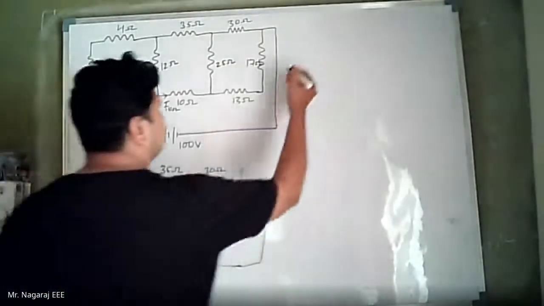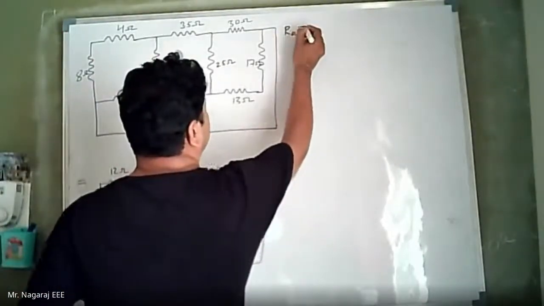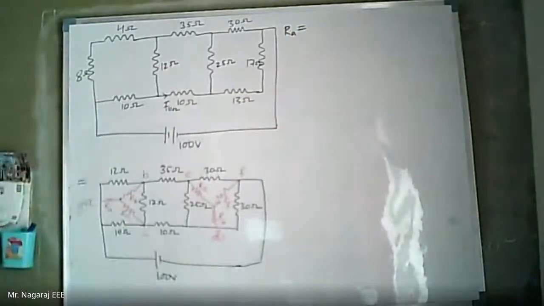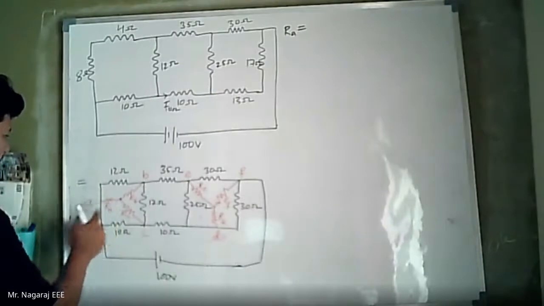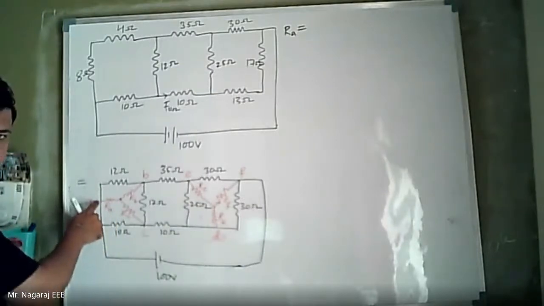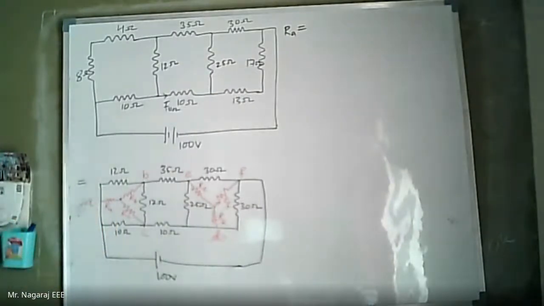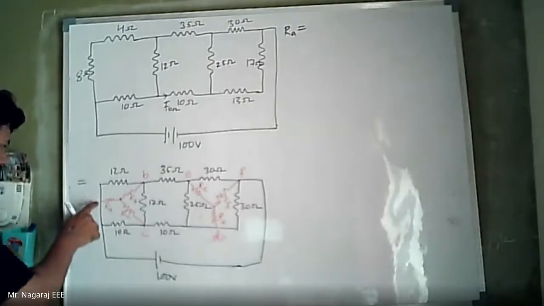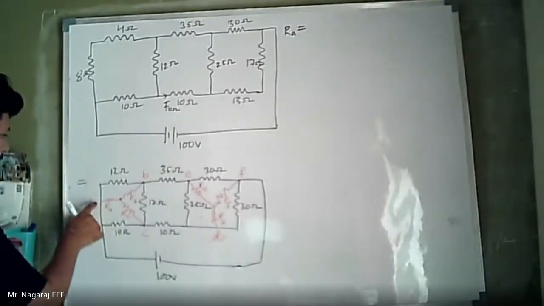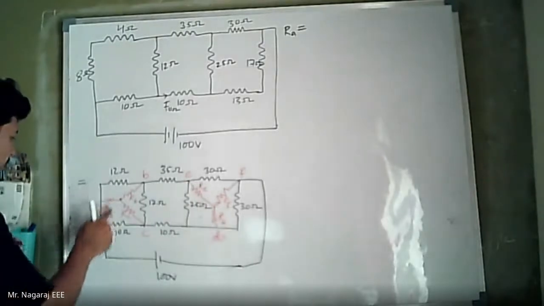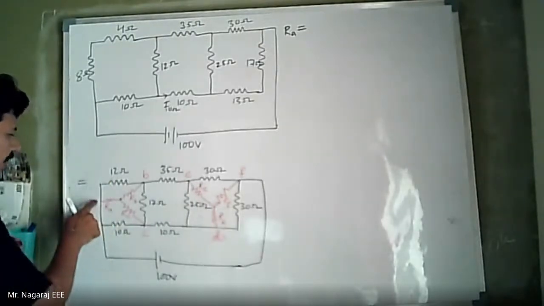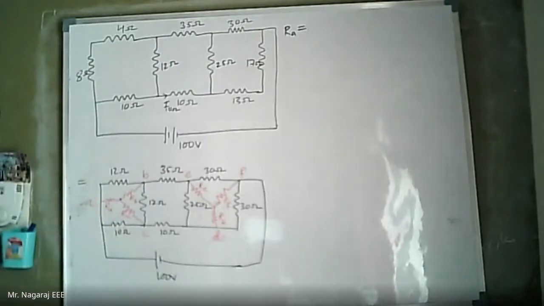Now what is RA? RA is the product of these two resistors connected to this node. This is how we have understood to remember the resistance from delta to star. I want to know the resistance connected to node A or terminal A. So it is the product of two delta resistances connected to that node divided by the sum of all the resistances.